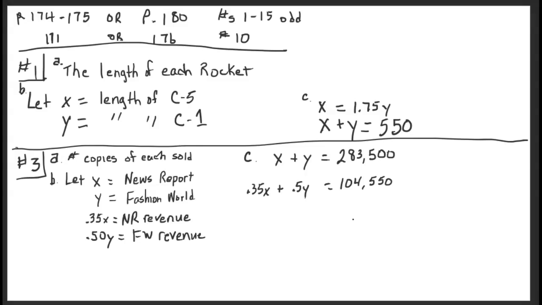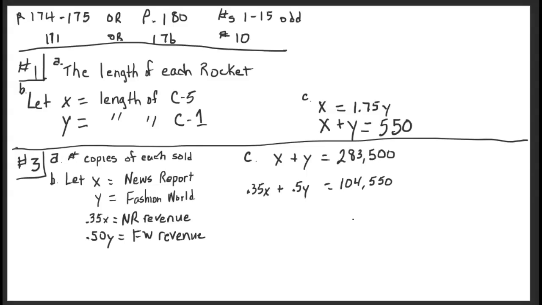I hope you see the process we followed in setting up those equations and getting ourselves in a position where we can solve this particular word problem. We figured out what it was that we're looking for, number of copies of each sold.